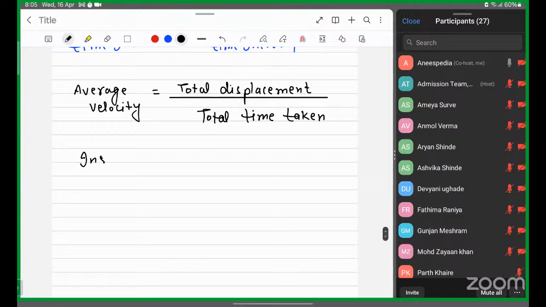And in case of instantaneous velocity, this is defined as the limit, time taken tending to zero, of average velocity.